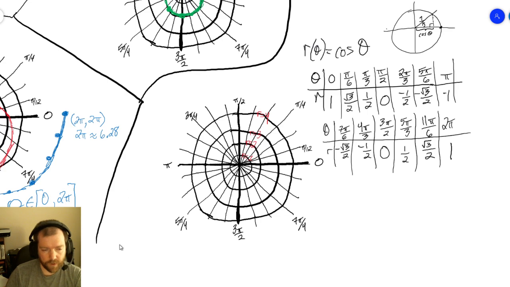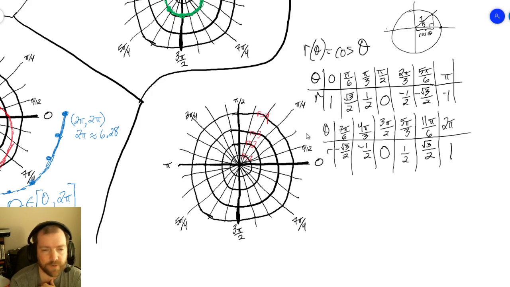All right, so if we want to graph this on our set of coordinate axes, at theta equals 0, so we're facing directly to the right, we're going to get an r value of 1.